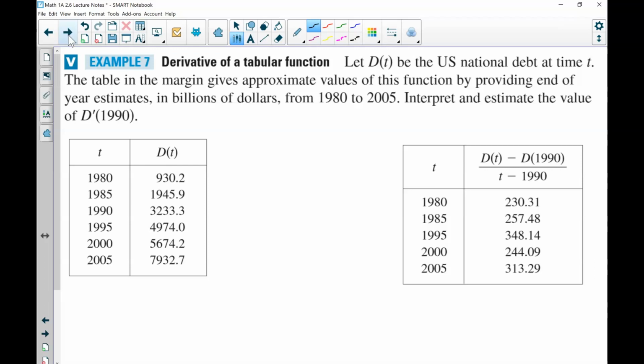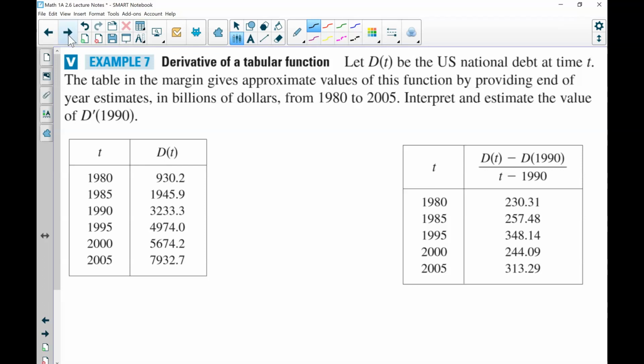Okay, in example number 7, we want to find the derivative of a tabular function. So we're going to let D of t be the U.S. national debt at time t. If you look at the table on the left, this gives the approximate values of this function by providing end-of-year estimates in billions of dollars from 1980 to 2005.